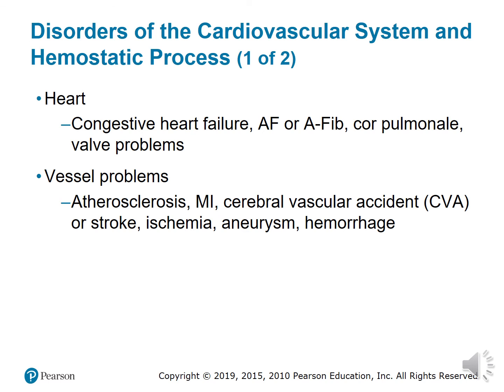Right, disorders of the cardiovascular system, hemostatic process, the heart: congestive heart failure, AF or AFib, pulmonary valve problems, vessel problems, atherosclerosis, MI, cerebrovascular accident, CVA, or stroke, ischemia, aneurysm, or hemorrhage.